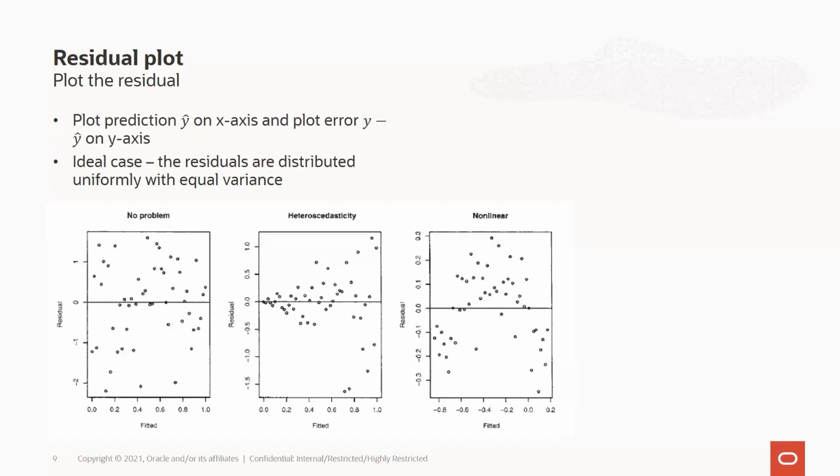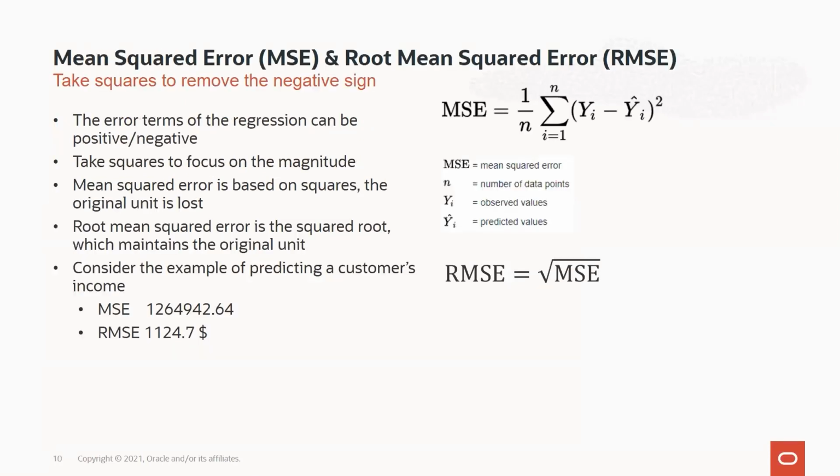But anyway, with these plot-based methods, you don't have a unified metric. You still can't make comparisons. So that goes to our metrics. How can we get a single metric to evaluate the performance?